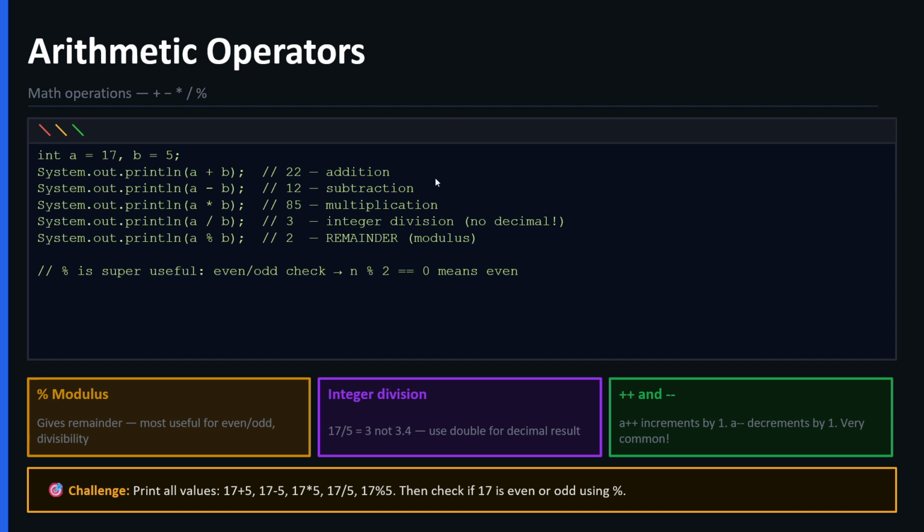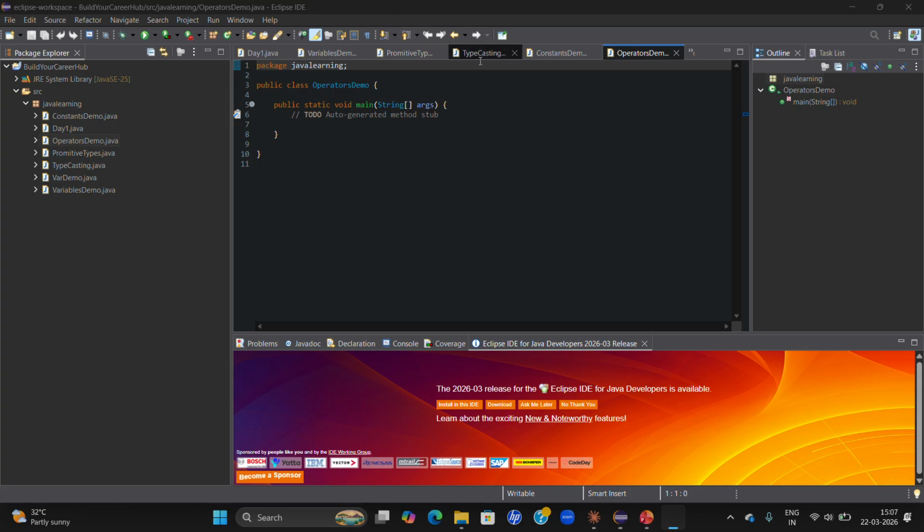Let's start with arithmetic operators. We already know arithmetic operators means minus, plus, multiplication, division, and modulus. So let's first write the code in Eclipse. I'm writing the code inside public static void main because it's the starting point of code. We already know that from the day 1 video.